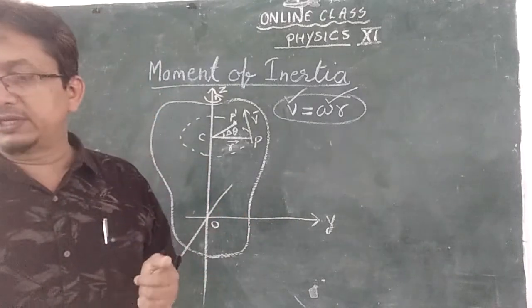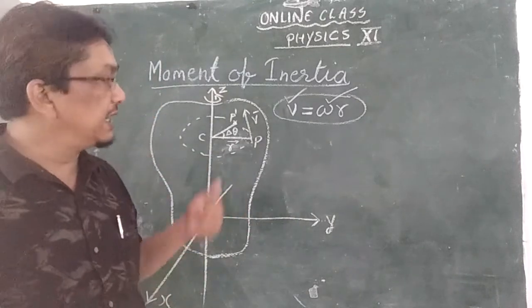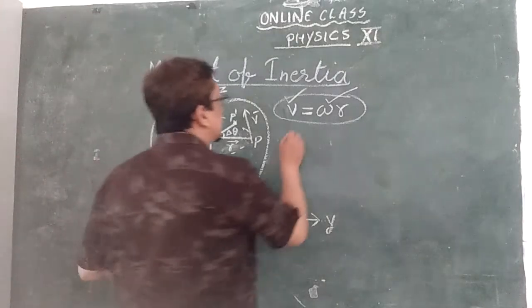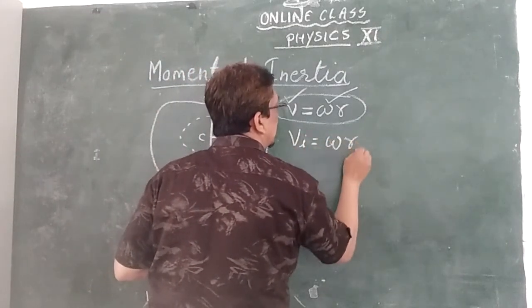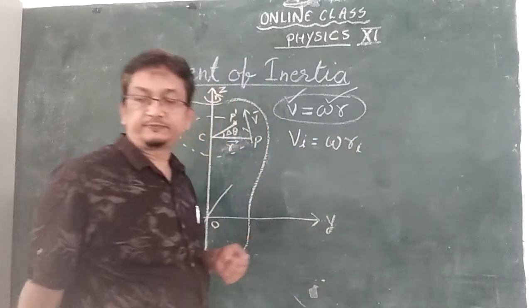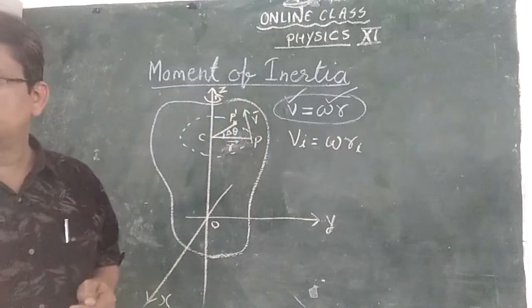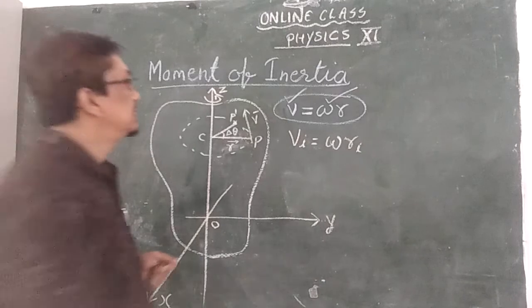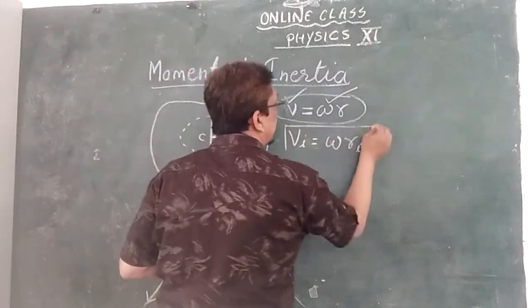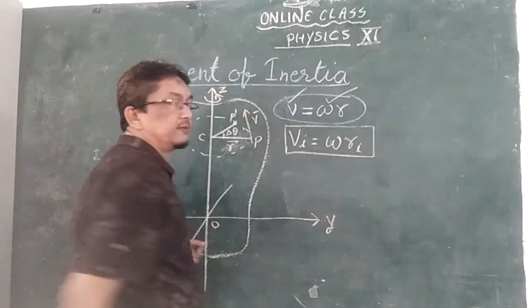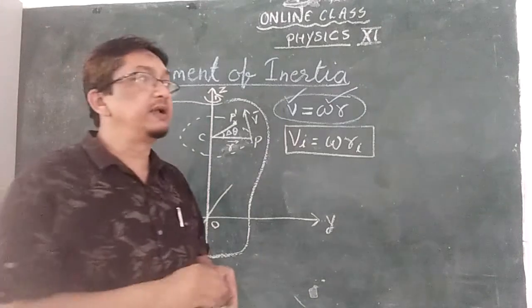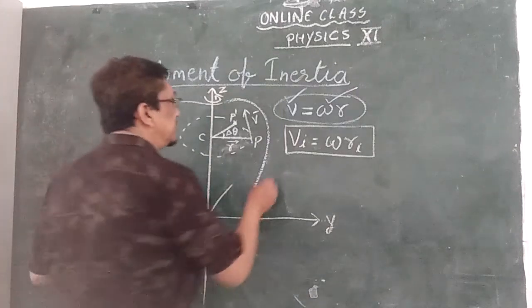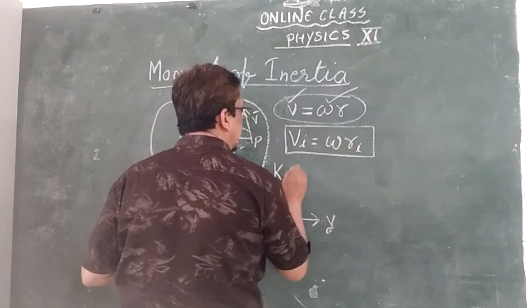So first, the linear velocity for any particle we can write here, vi is equal to omega into ri. This is the linear velocity for any particle of this rigid body. So suppose we want to discuss the kinetic energy of this particle, then easily you can write the formula for kinetic energy.